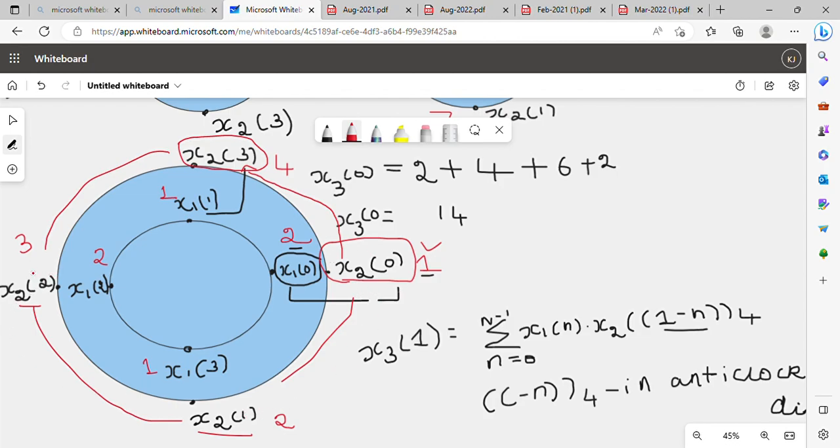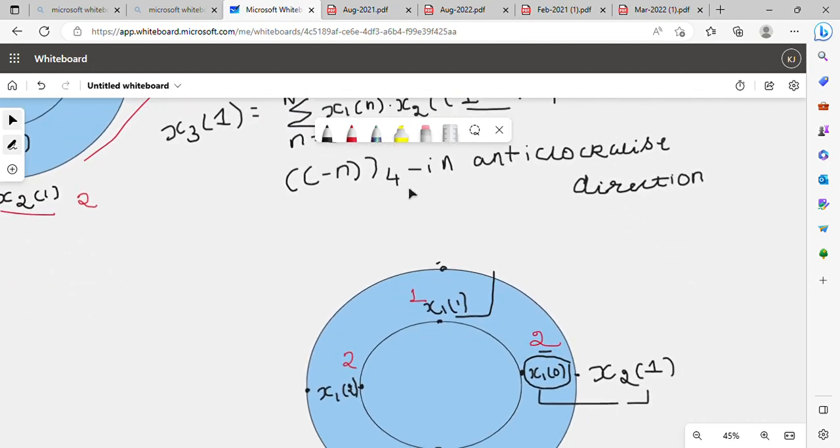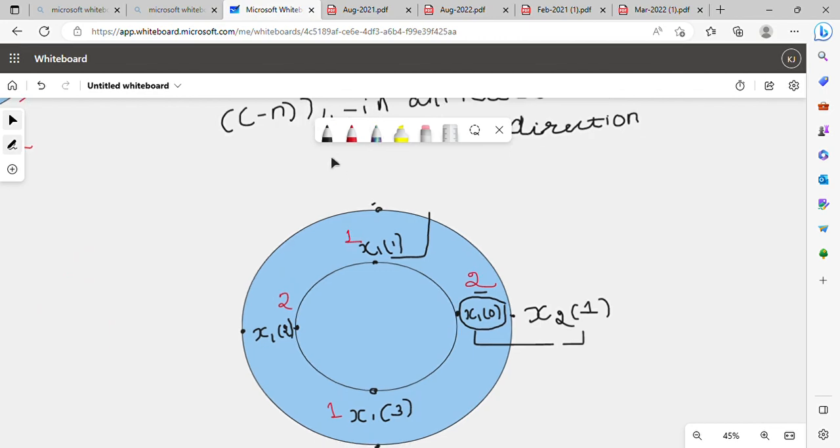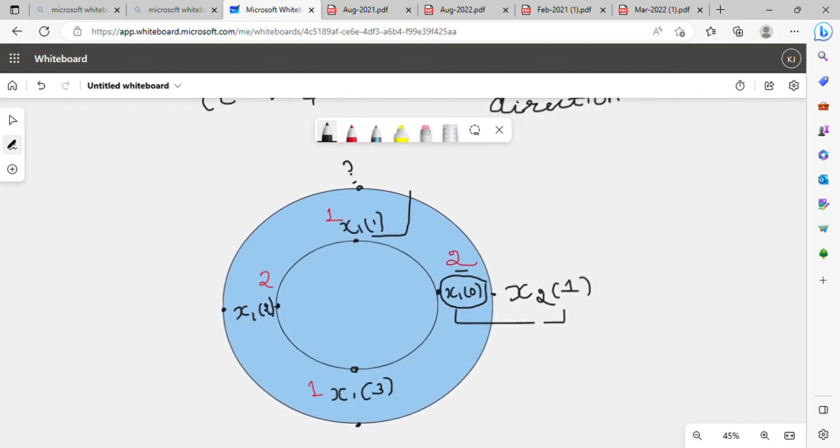And in place of x2 of 1, you are going to get x2 of 2 here. And in place of this x2 of 2, you get x2 of 3 over here. That is what is going to happen. I guess you understand things clearly. And now, let me write that. So this is my x2 of 0. So here is my x2 of 2.